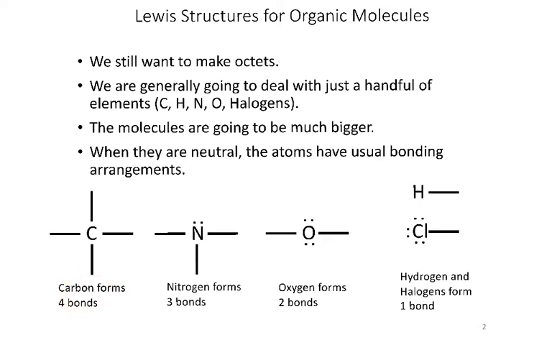Carbon likes to form 4 bonds. Nitrogen likes to form 3 bonds and have 1 lone pair. Oxygen likes to have 2 bonds and 2 lone pairs. And then both hydrogen and halogens like to form 1 bond. Hydrogen doesn't have any lone pairs, and the halogens will have 3 lone pairs.